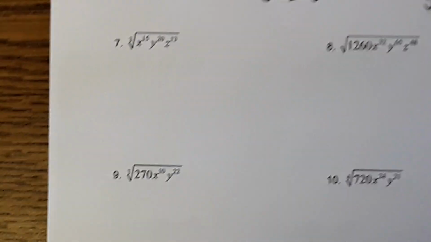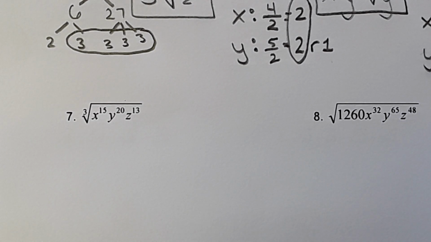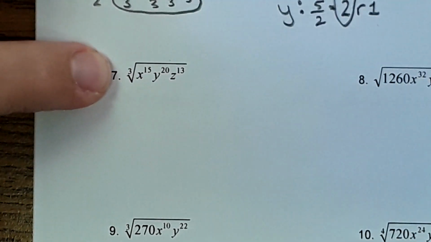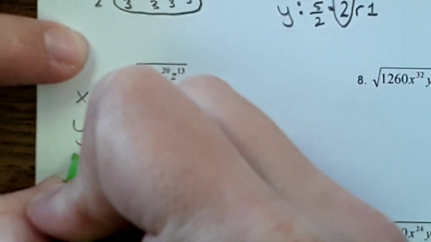Let's see. 7. Okay, so now we're doing the same thing but with a cubed root. So instead of dividing by 2, we're going to be dividing by 3. So we listed out x, y, and z's.